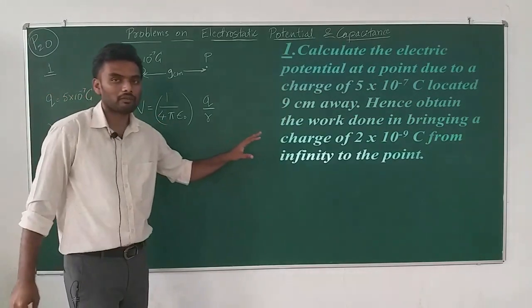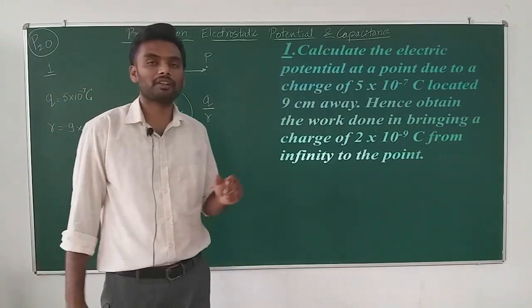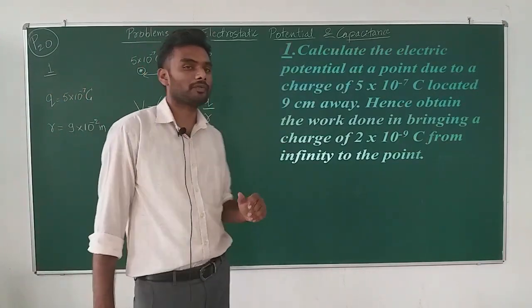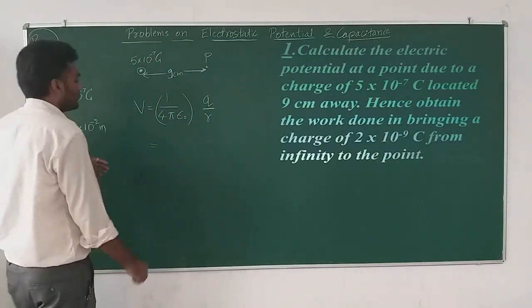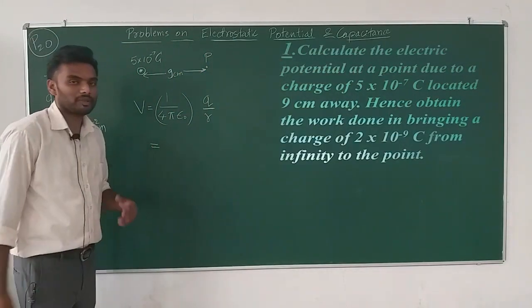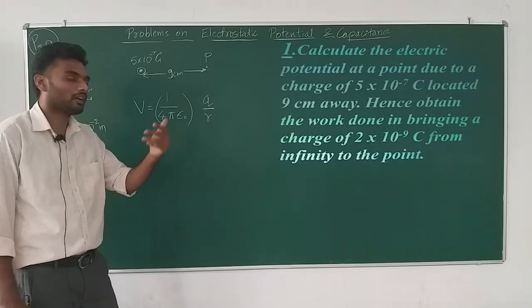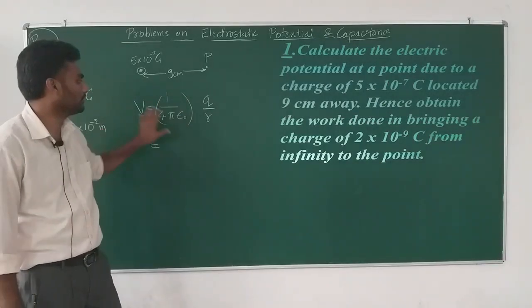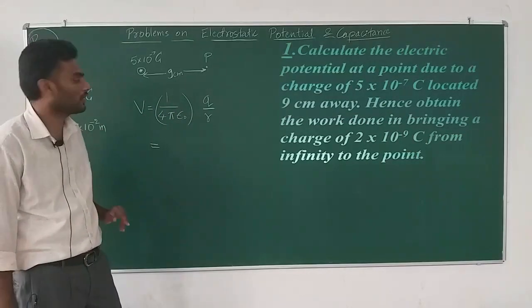And they have not specified the medium. I will consider the medium as air itself. Whenever the medium is not mentioned, you can assume it is air or vacuum, so that this value remains simply 1 by 4 pi epsilon naught.